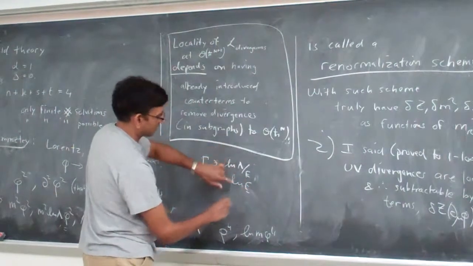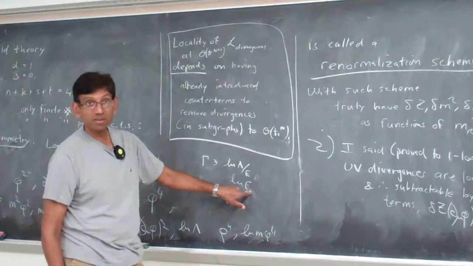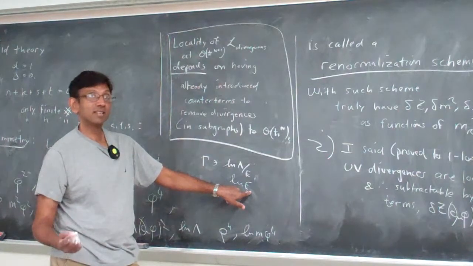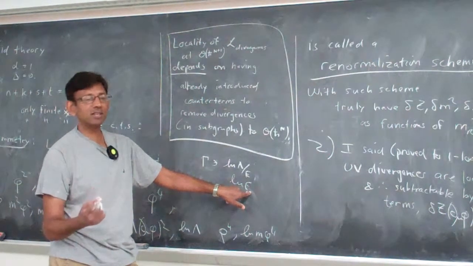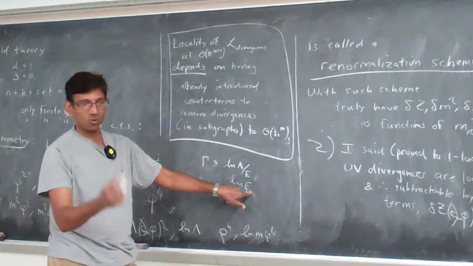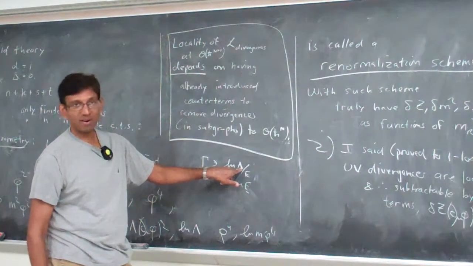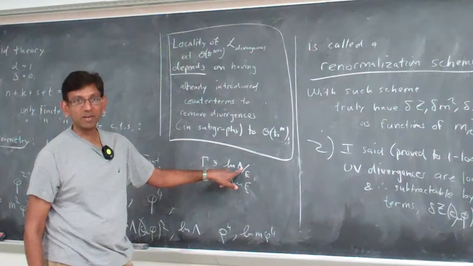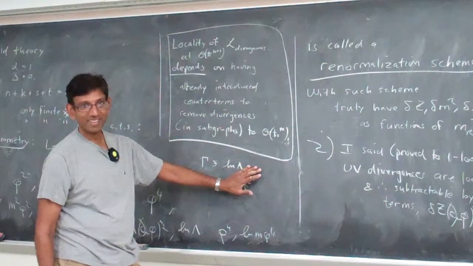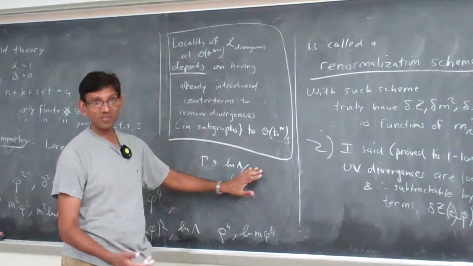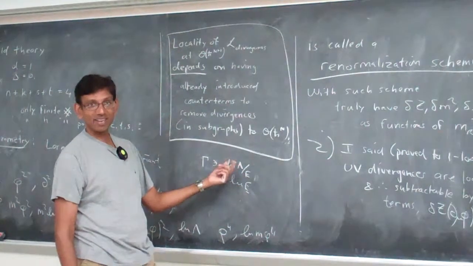Now, the log of E piece of this, since it's not polynomial, is not local. But the log lambda part, since it is polynomial in momentum, in fact it's independent of momentum, it is local. But the two are entangled in this way.